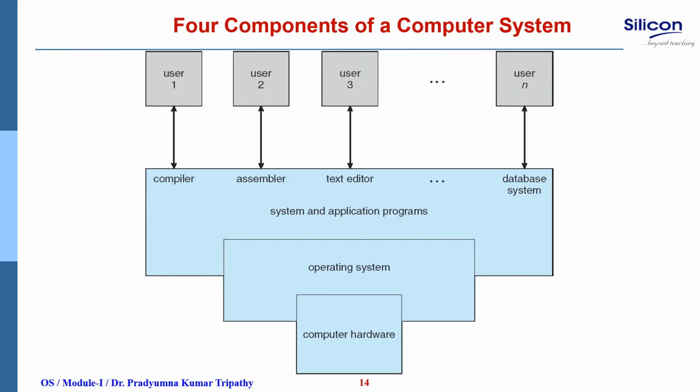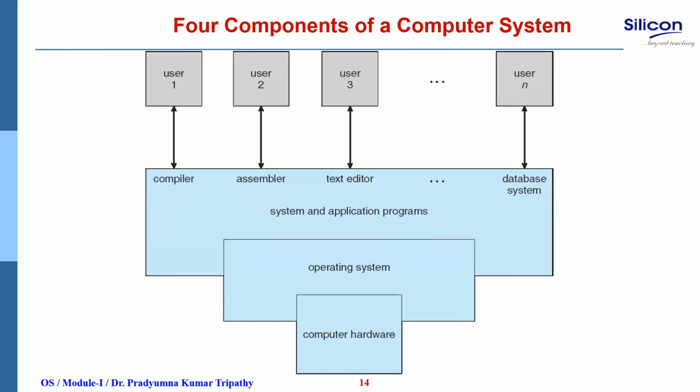Another user might be using a text editor. Somebody is using MS Office, somebody is using database systems. So different users may have a requirement of running programs, maybe a system program or an application program. These programs have to be executed where? They have to be executed by the computer hardware.